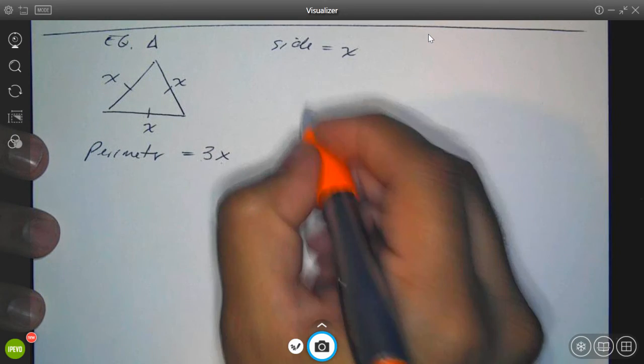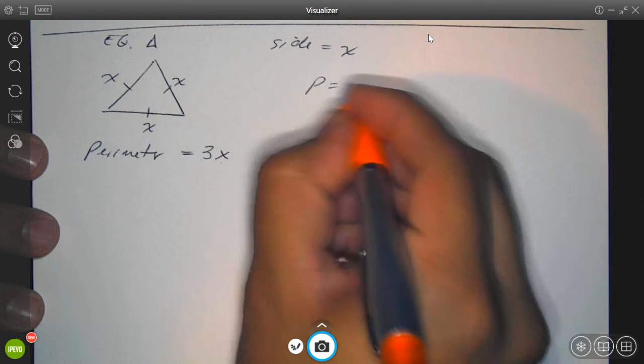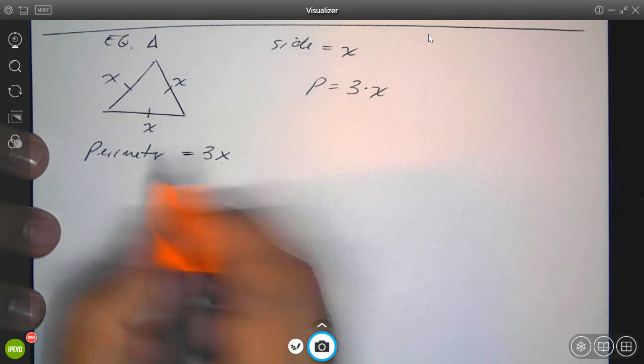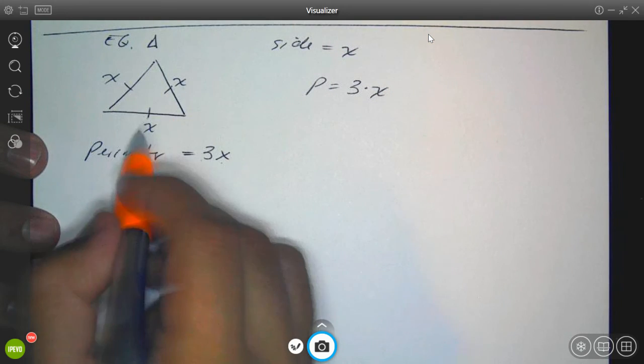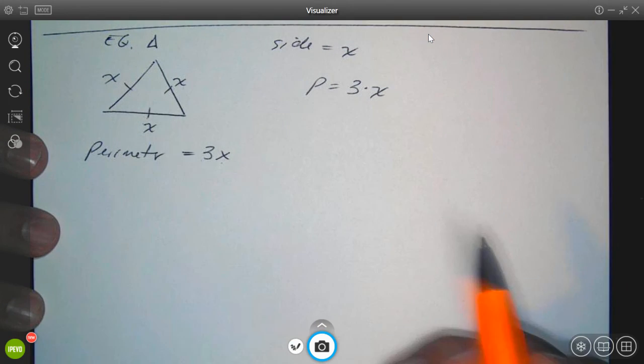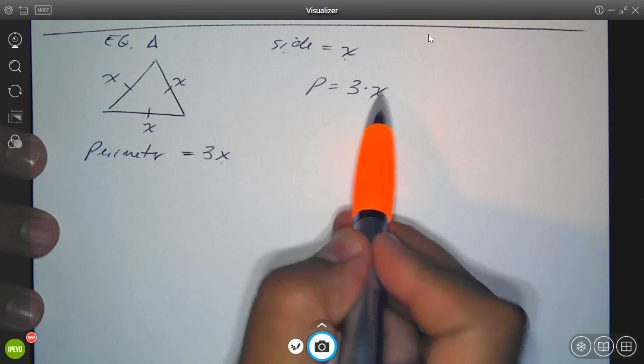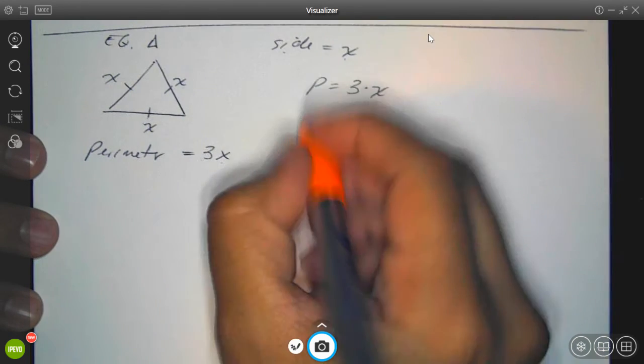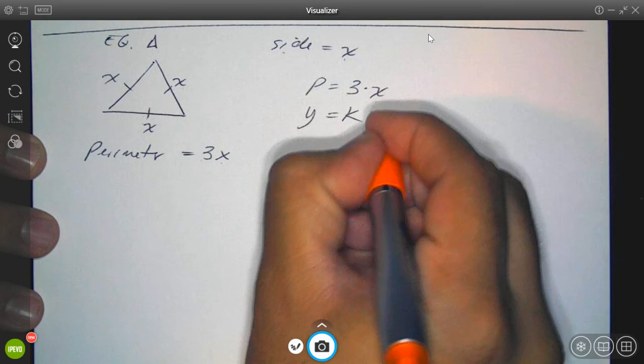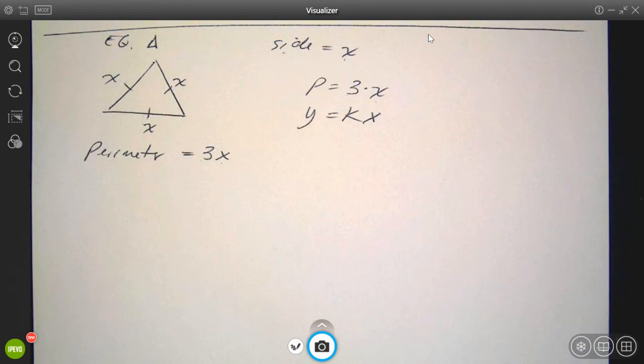right? So again, how do you find perimeter? Perimeter is 3 times the length. In this case, it's x, and it's x 3 times because we have the same side 3 times. I said if the side is x, well, 3 times x, this is a direct variation because notice how it follows the same process.